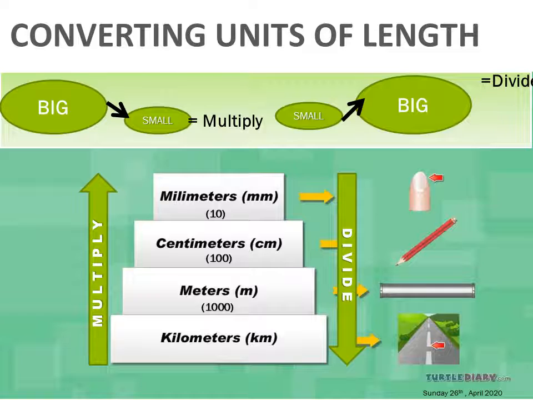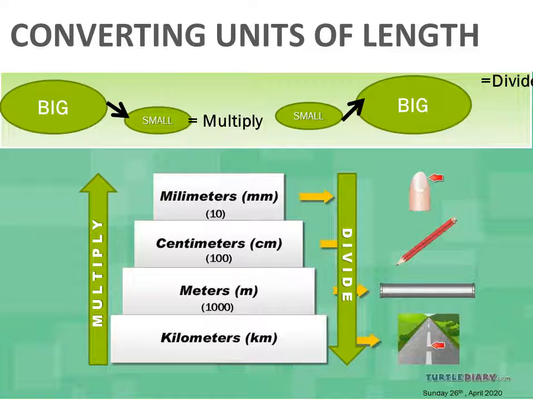Also look, centimeter is smaller than meter. So centimeter and meter, which one is smaller? Good job. Centimeter is smaller than meter. So if we want to change from centimeter to meter, what we will do? We will divide because centimeter is small. We are changing small to big.